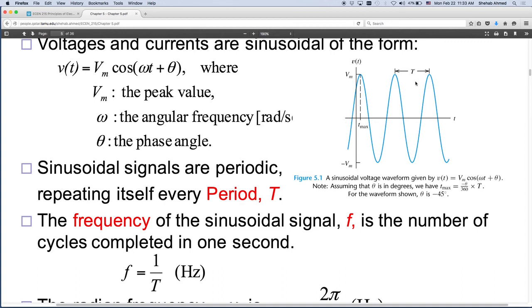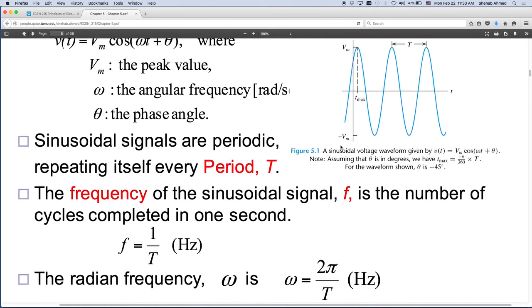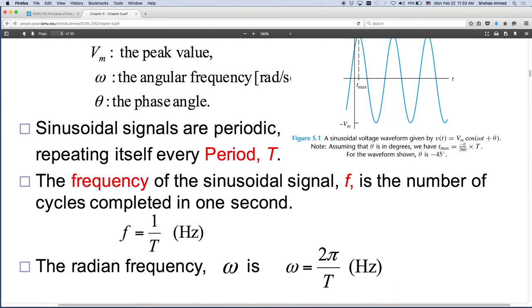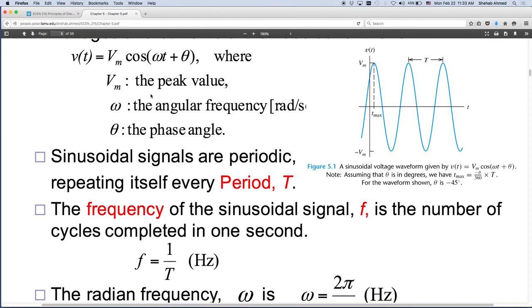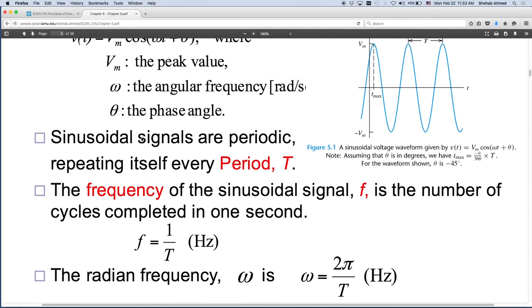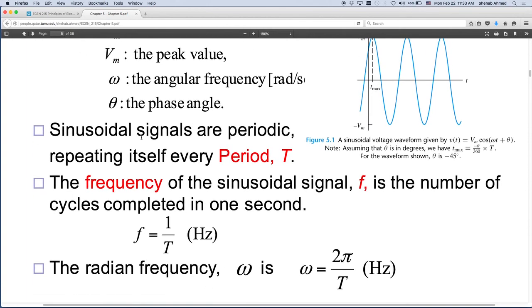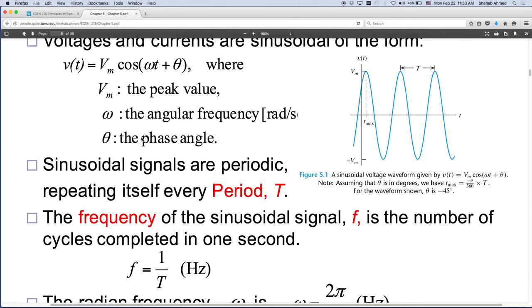So this is a general waveform, a cosine with a phase shift of a certain angle. And of course omega is 2 pi f, where f is the frequency in hertz, and omega is the frequency in radians per second. Any questions on this, and just the idea of drawing the sine wave?